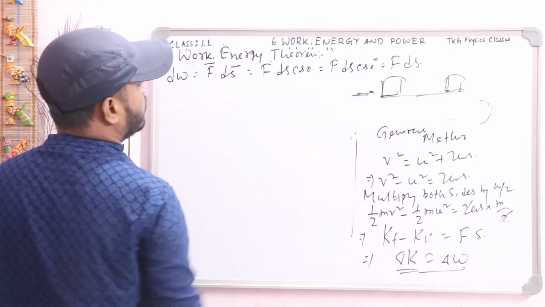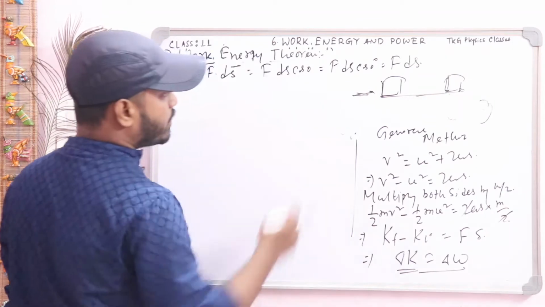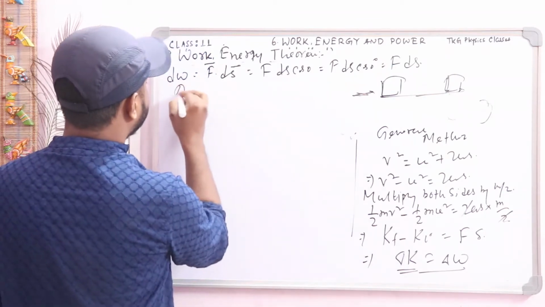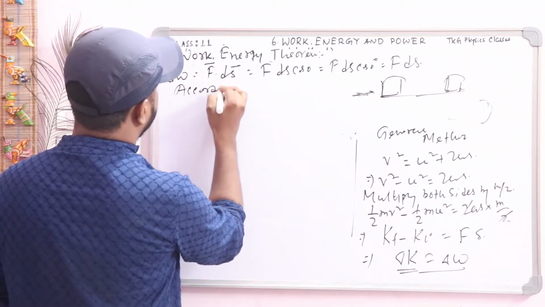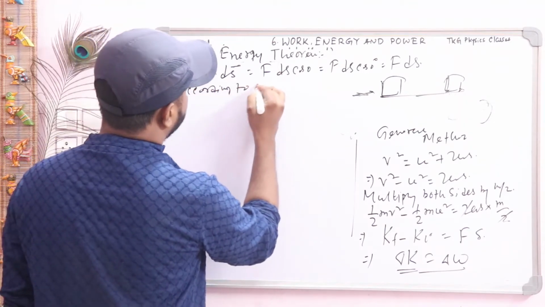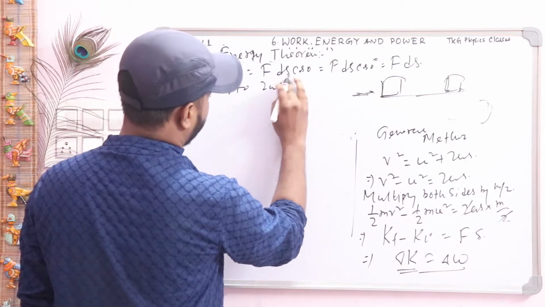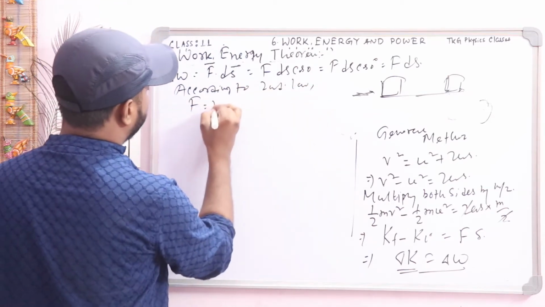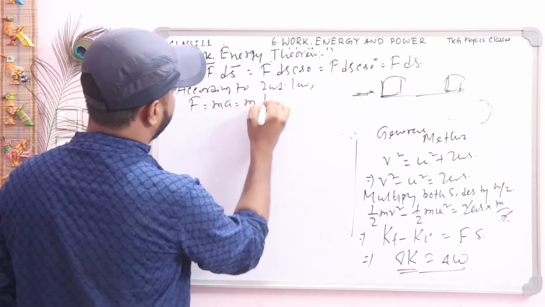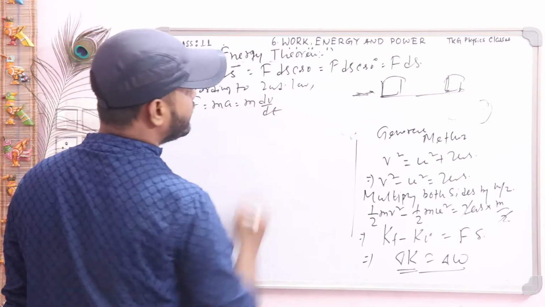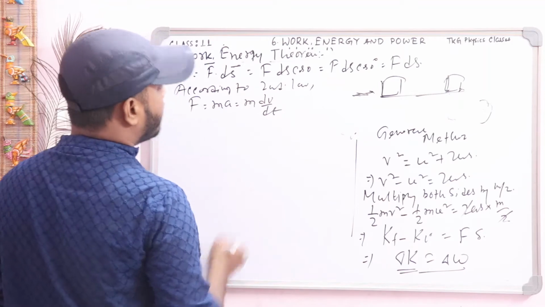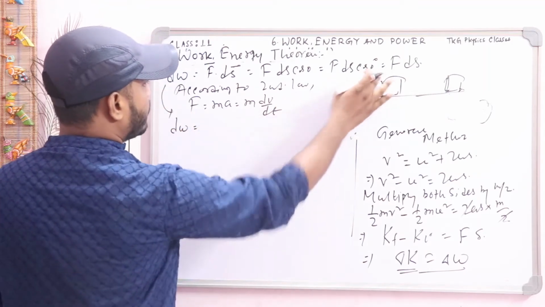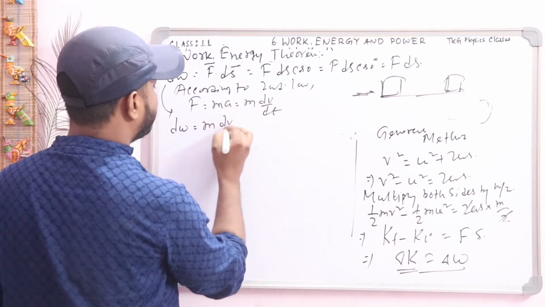Now total work done. Before going to that part, express this one, that is F equal to, according to Newton's second law, F equal to m into a, that is m dv by dt. Now putting this value, dw equal to, in the place of F you write m dv by dt.